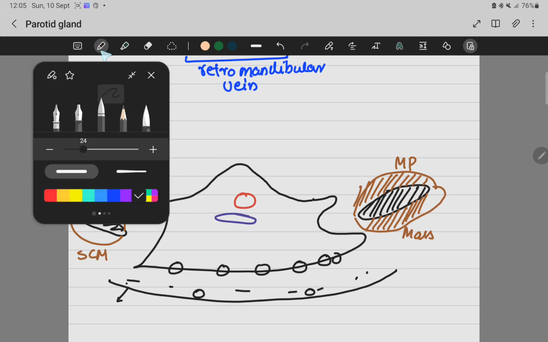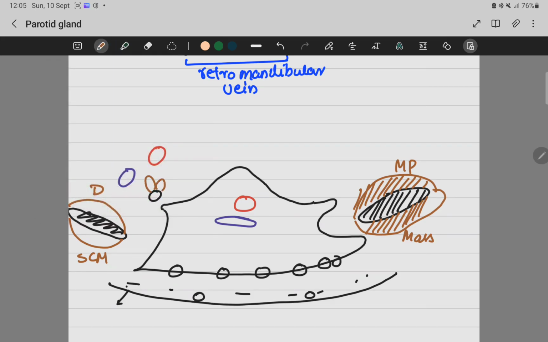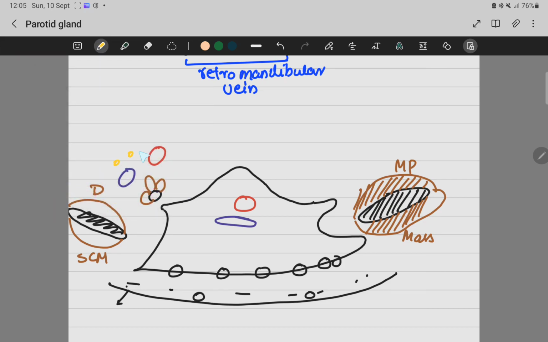This would be the styloid process and the muscle surrounding it. It's like a flower, the muscle surrounding it. We'll have the nerves over here, which are the 9th, 10th, 11th and 12th, and the entry of the facial nerve.